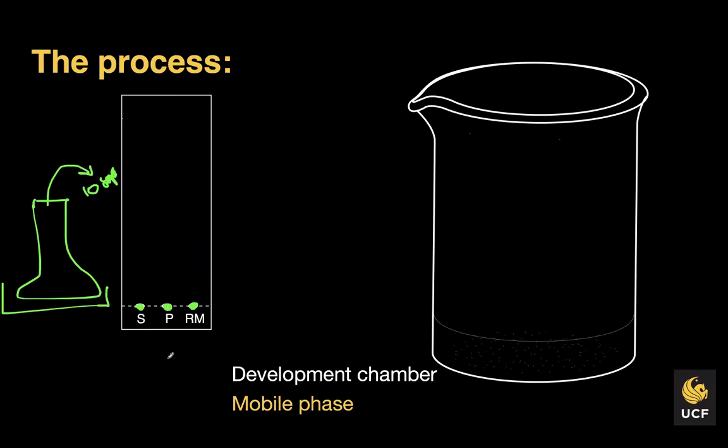Once that is set, we develop that plate in the mobile phase. We take whatever solvent system we use, and in our specific experiment, we used a 3-to-1 hexane to ethyl acetate. Let me go back.